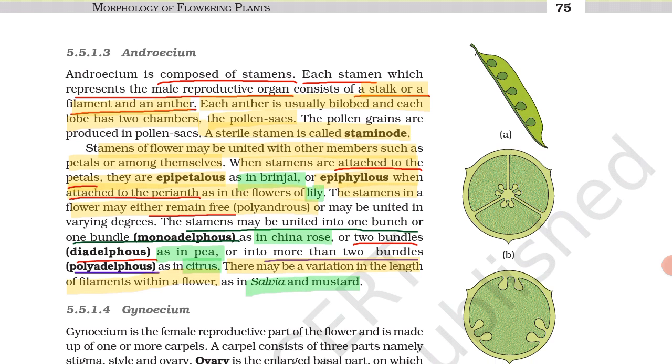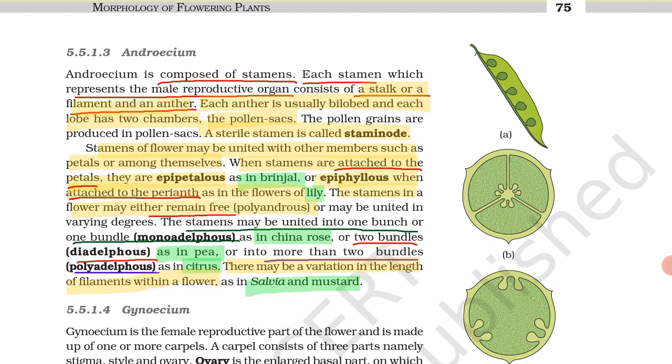So when the stamens are united into one bunch or one bundle, it is monodelphous. What is meant by monodelphous? When the stamens are united in one bunch or one bundle, it is called monodelphous, and the example is China rose.